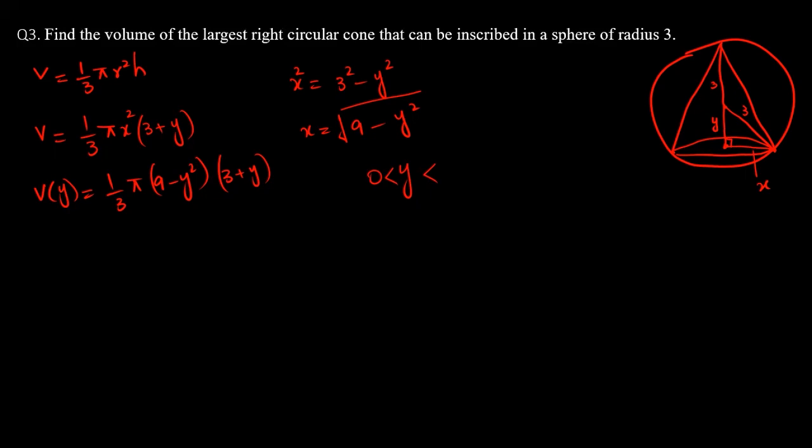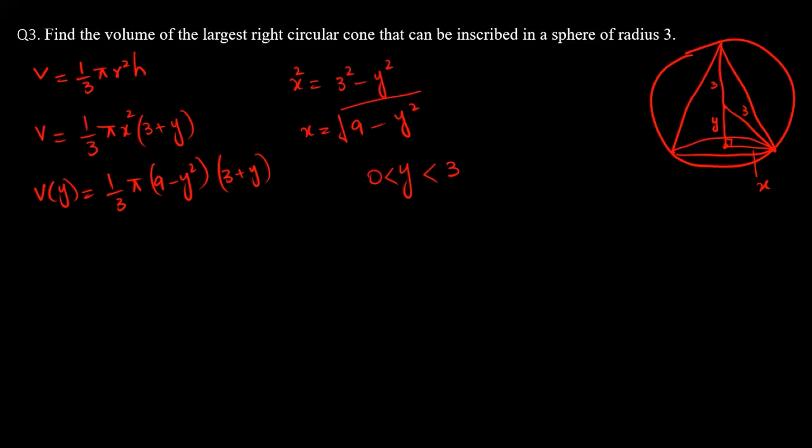When we take 3, this whole thing will become 9 minus 9, which is 0. So we cannot take 3, so our domain is from 0 to 3. This is important, because when we solve further, we need to find the critical points and check whether they are in our domain or not.